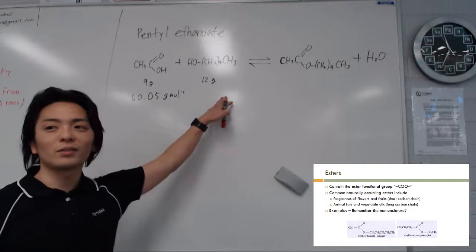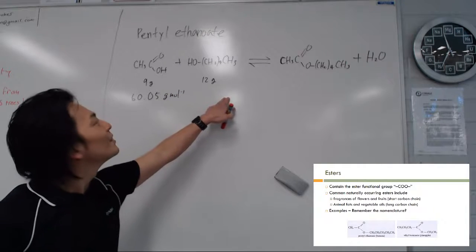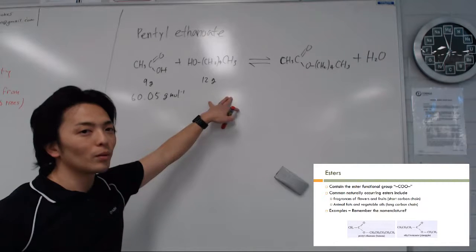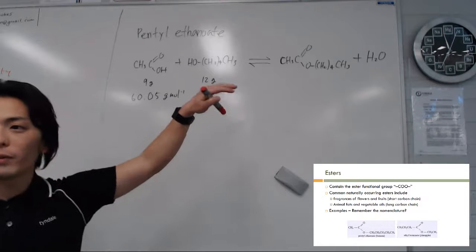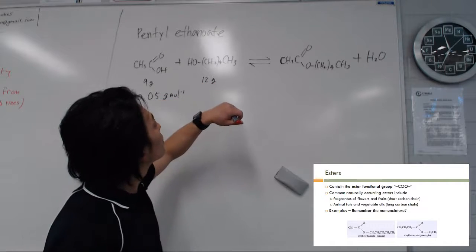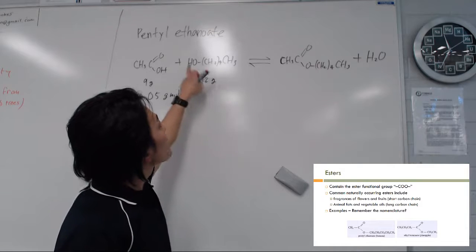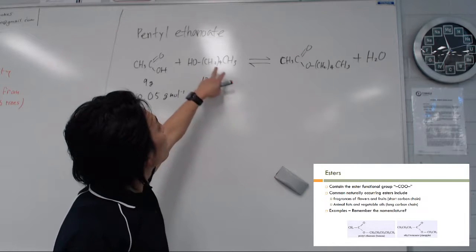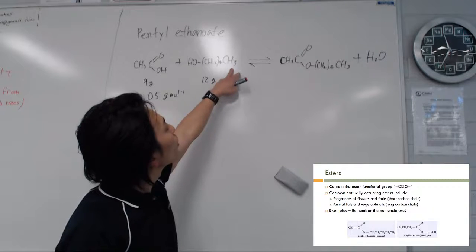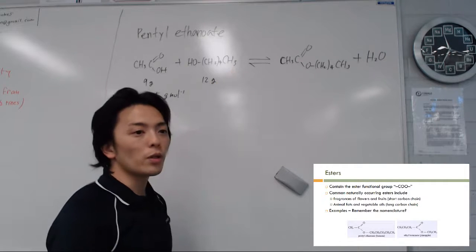Is anyone doing this one? So 12.01 times by 5 and then molar mass, yeah, molar mass plus 16.00 times by 8, 9, 10, and then 12. So 12 times by 1.008.